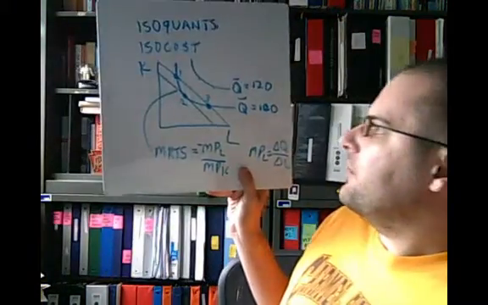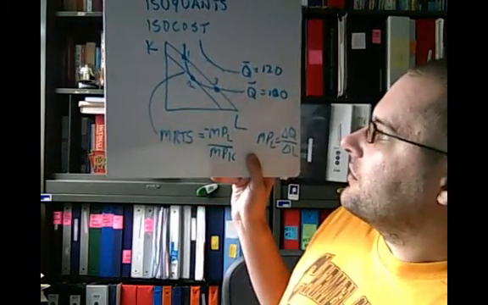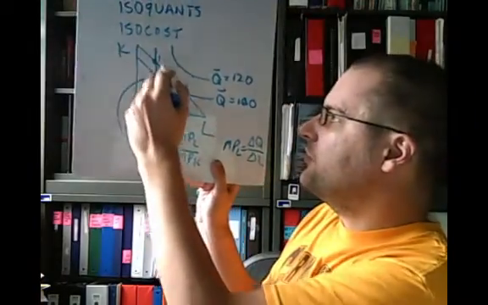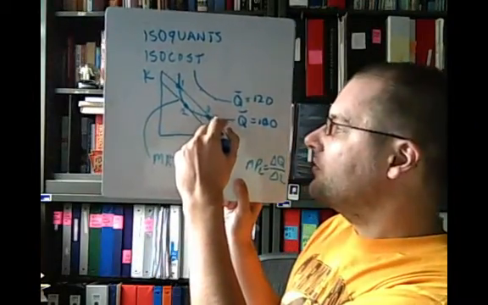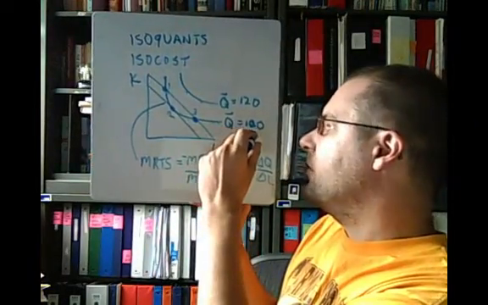Now, let's look at a situation where we have points 1, 2, and 3. You'll notice that at points 1, 2, and 3, we have the same amount of production of 100 units.